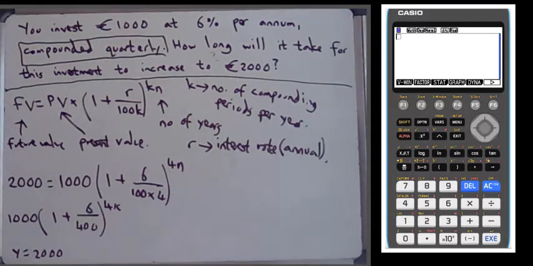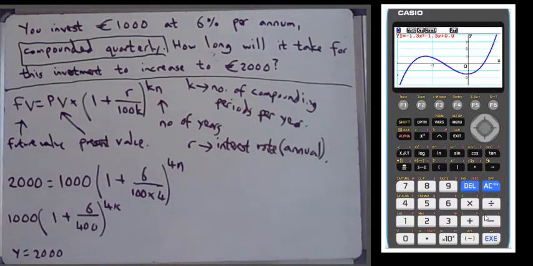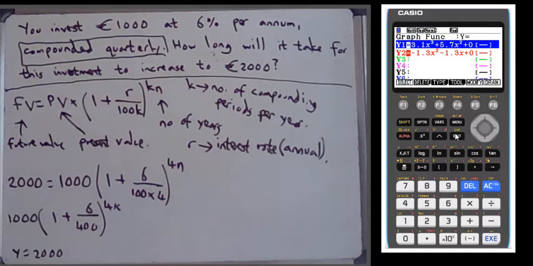So we go to our calculator, menu and graph. We've got 2 things in there that I don't want, so get rid of that and that.